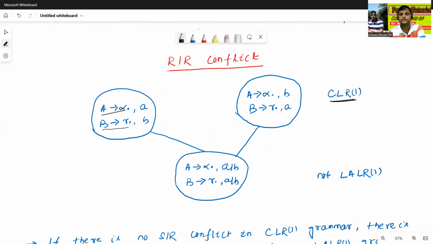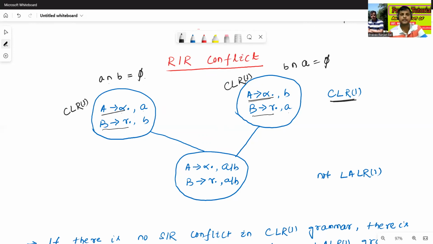These are reduce actions with lookaheads A and B. Since A intersection B equals phi, this grammar is CLR1. Similarly, A to alpha dot and B to gamma dot, where here the lookahead is B and here the lookahead is A. Since B intersection A equals phi, this grammar is also CLR1.